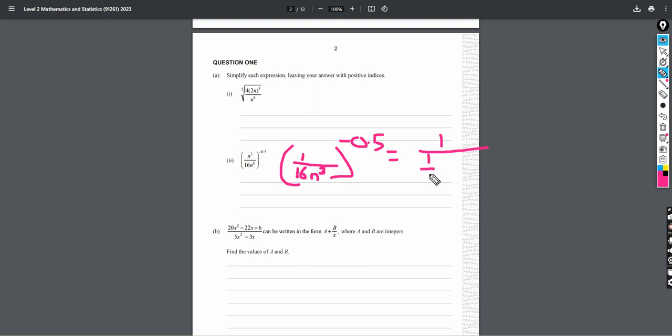Yep, it's a quarter. A quarter times n times 3 to the power of 0.5. 3 times negative 0.5 is negative 1.5. And then that will just equal n to the 1.5, because the 4 will come up, because it's underneath, and then you've got a negative power on the bottom, so you can bring it to the top.